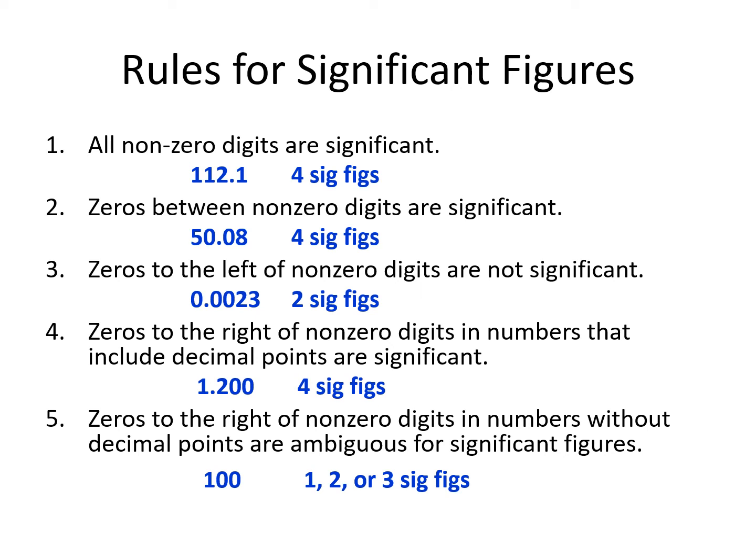Therefore, 100 with no decimal point would be considered to have 1 significant figure. When in doubt, as you read scientific literature, it is your safest bet to assume they are not significant, since you can't tell from the way the number is reported. For the purposes of this class, rather than reporting a number of significant figures, you will just say that this type of number is ambiguous.